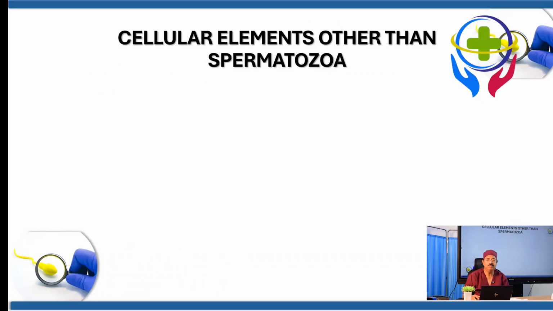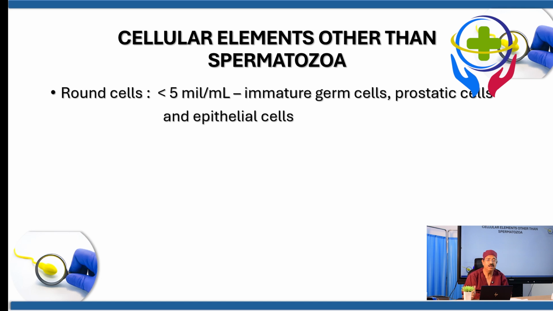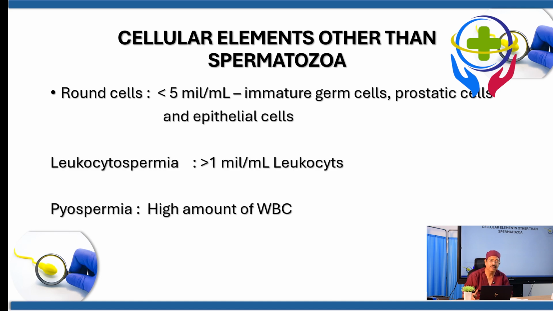In addition to the sperm, we also see some other cells in the semen like round cells, leukocytes, etc. Round cells constitute less than 5 million per ml, mainly immature germ cells like spermatogonia and spermatocytes, which may be present due to fever, radiation, if the patient undergoes chemotherapy, and also if the patient takes cytotoxic drugs.